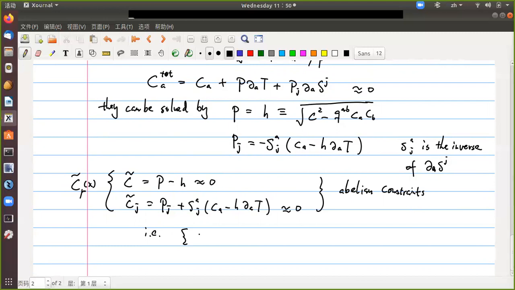The Poisson bracket of C mu of x and C mu of x prime equals zero. You can just check this by concrete computation.